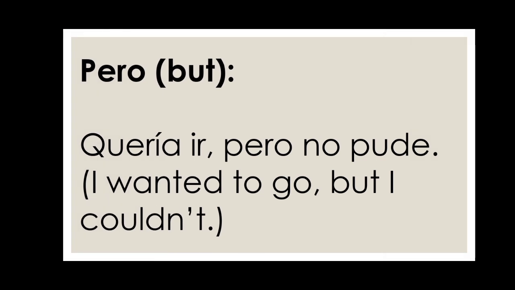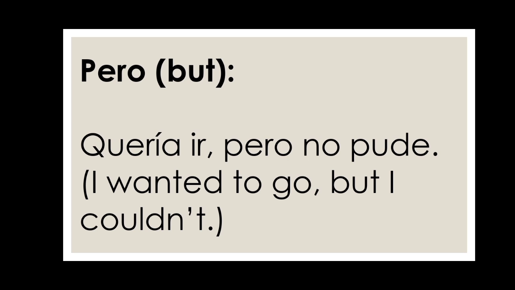Okay. Pero means but. Pero is but. Pero means but. Quería ir, pero no puedo. I wanted to go, but I could not. Okay. So you can use it to indicate contradiction or emphasis.